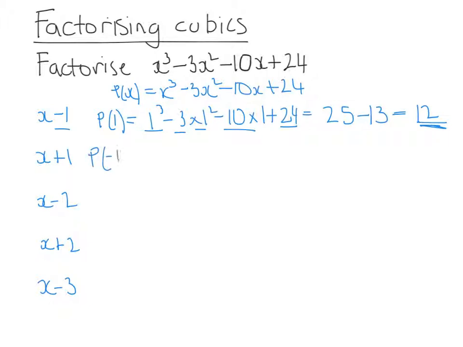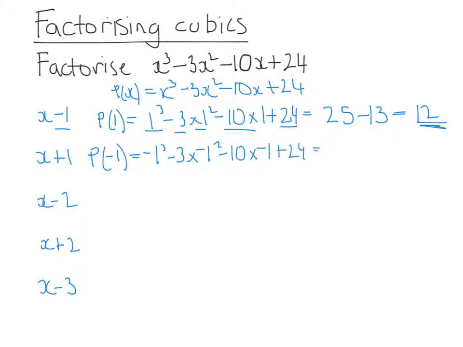Well, if x plus 1 was a factor and we substituted in minus 1, we'd have to get a remainder of 0. So this would be minus 1 cubed minus 3 times minus 1 squared minus 10 times minus 1 plus 24.